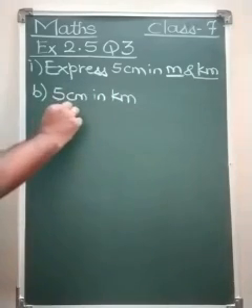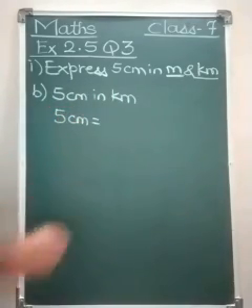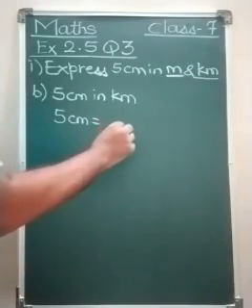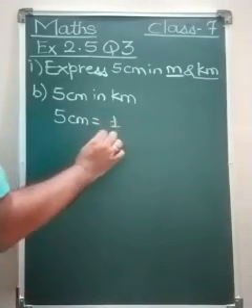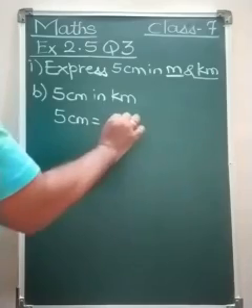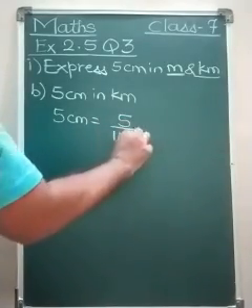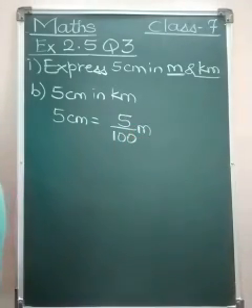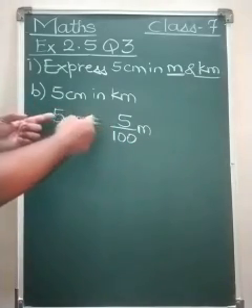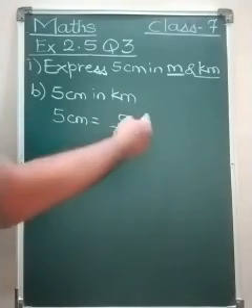Now 5 centimeters equals 5 upon 100 meters. This we have already seen.